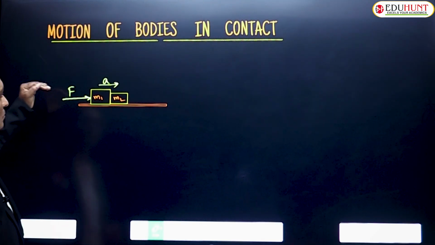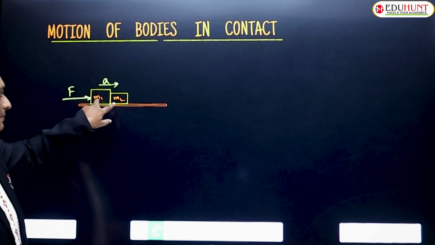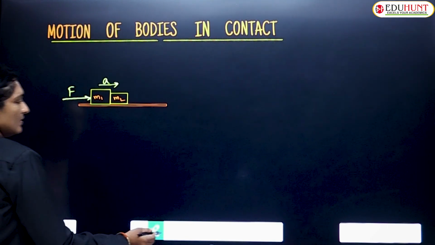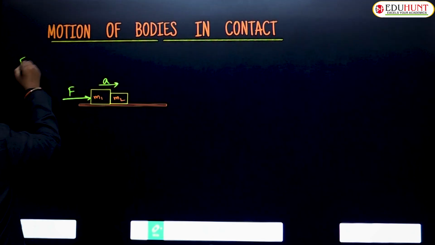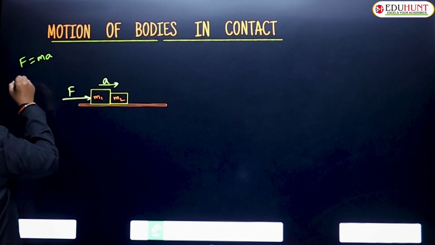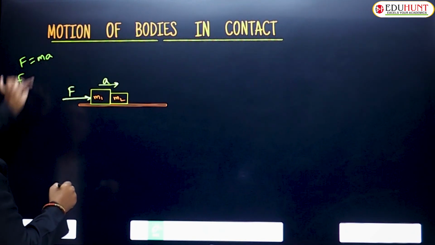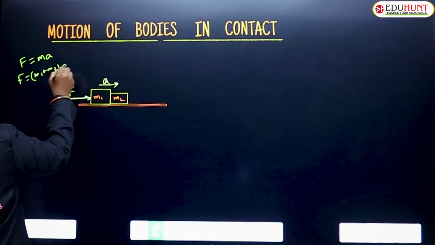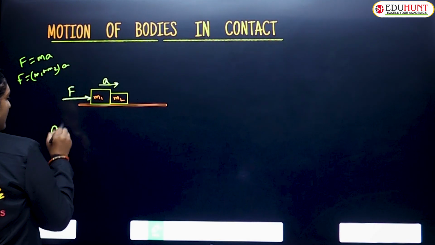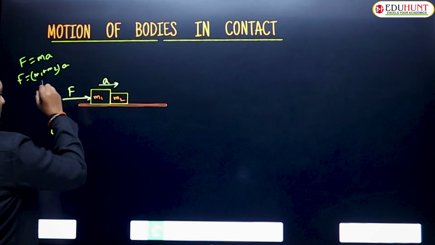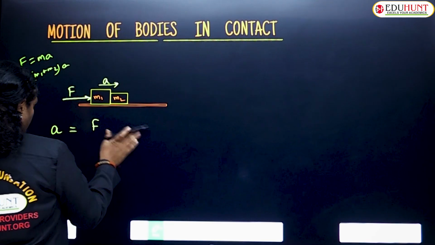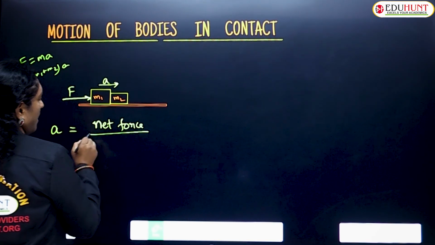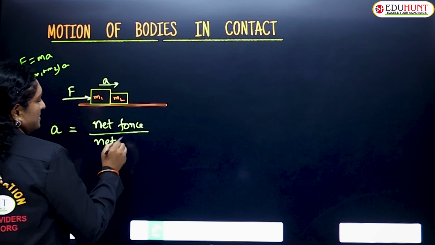The total force applied is F and the total mass is M1 and M2 together, and the acceleration is A. So F is equal to MA, here the total force applied is F but the total mass is M1 plus M2, into A. So clearly the acceleration produced will be equal to the net force acting on the two masses upon the net mass.